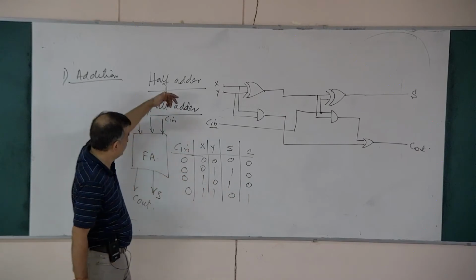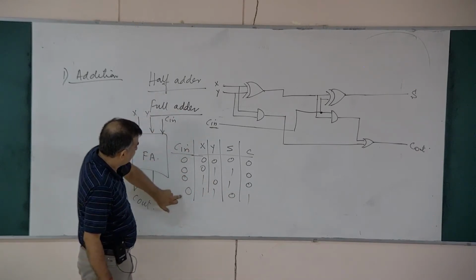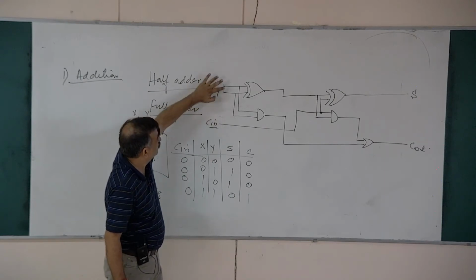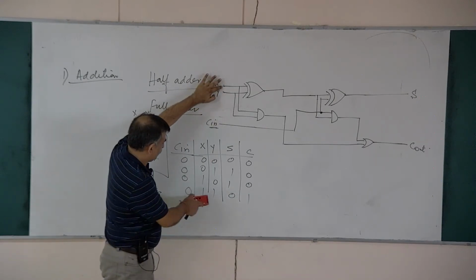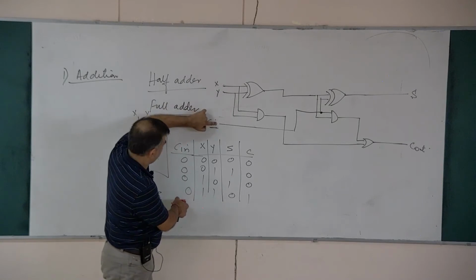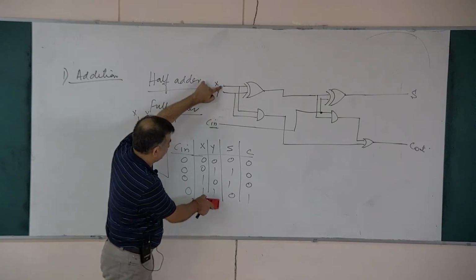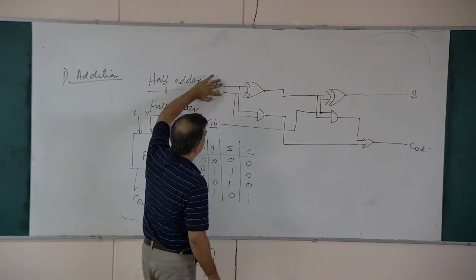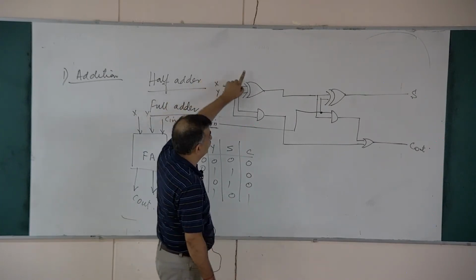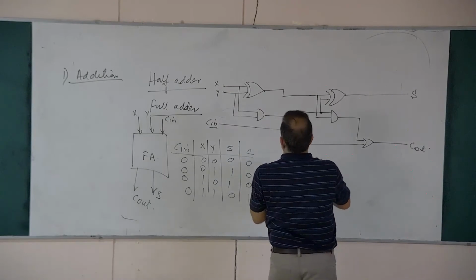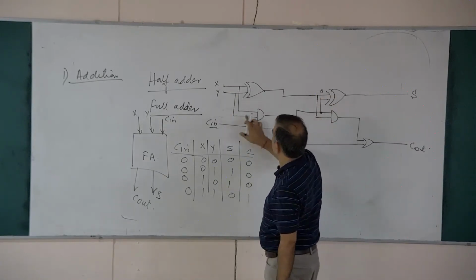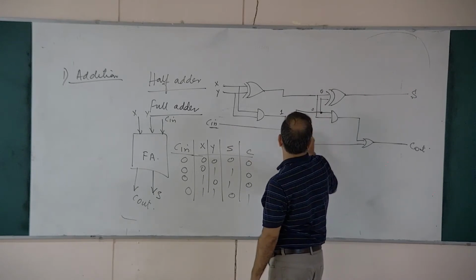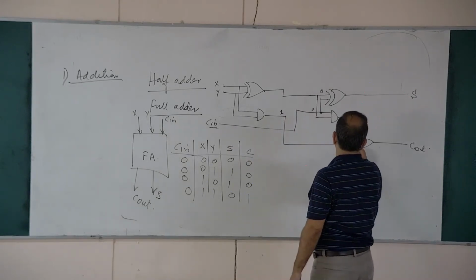For example, if I say 0 1 1 0, so 0 0 1 1, so 0 carry input is 0, 1 1 is the input. Now what will be the output? Can I get output 0 and 1? Yes, because I am giving 1 1, 1 1 is similar, so this becomes 0. So once this becomes 0, 1 1 1 1, this becomes 1, this is already 0, this is 0, so this is 1.